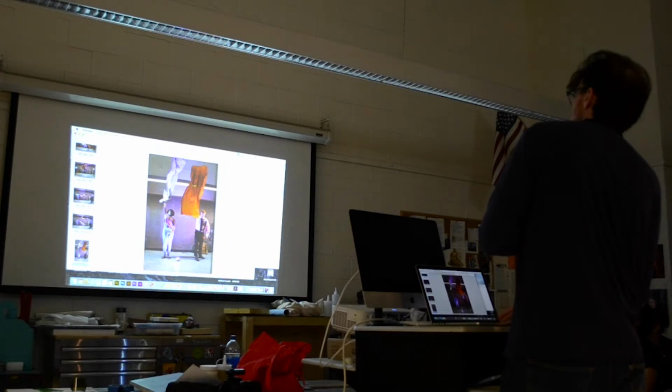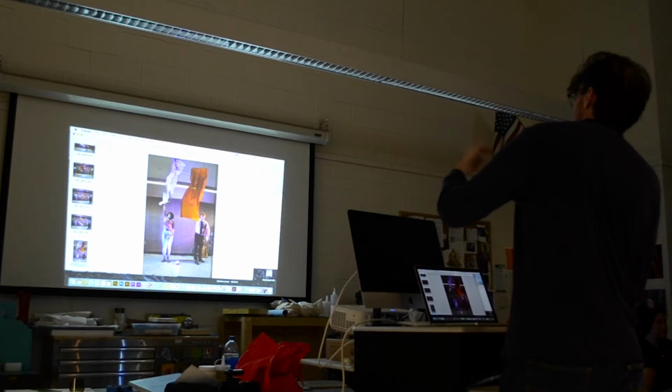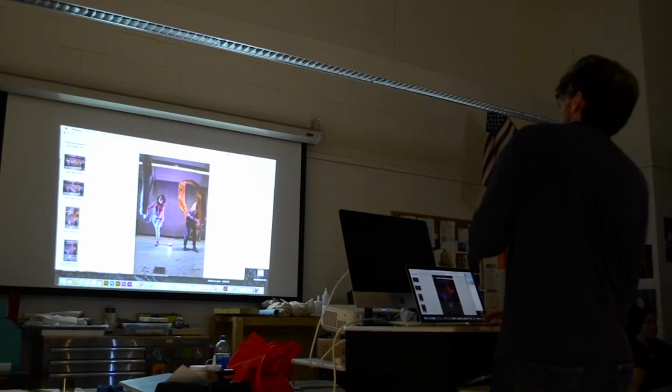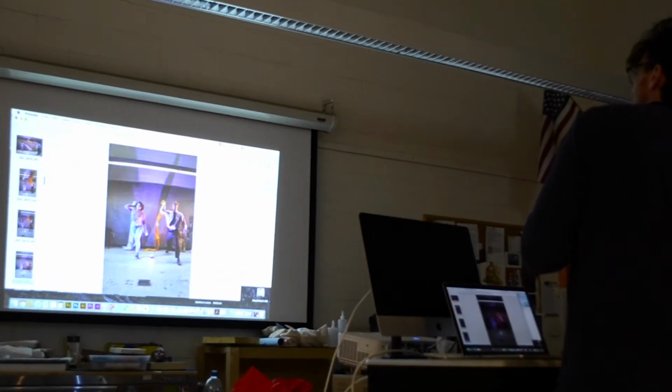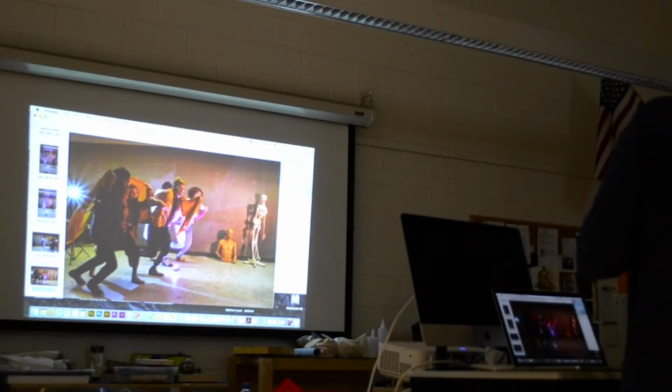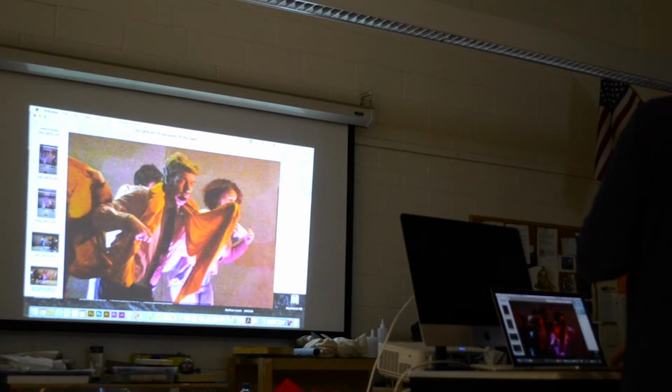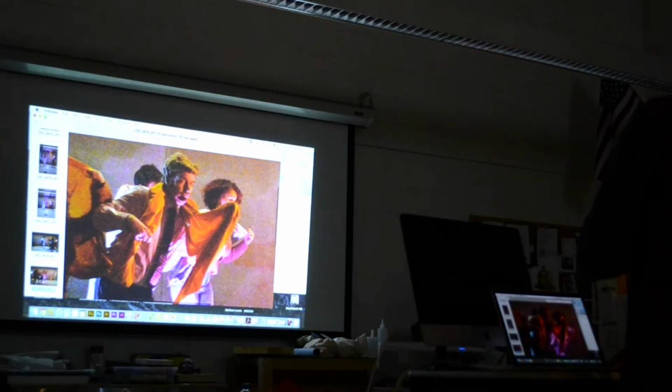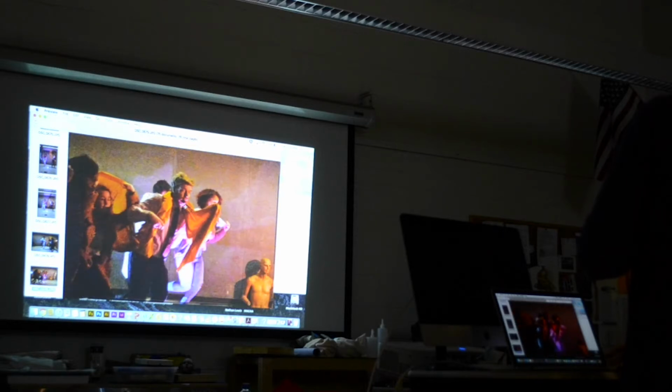I have different color gels on there. So there's a blue light, a red light, and a magenta light. Wow, look at that. Wow, that's crazy. What's going on there?